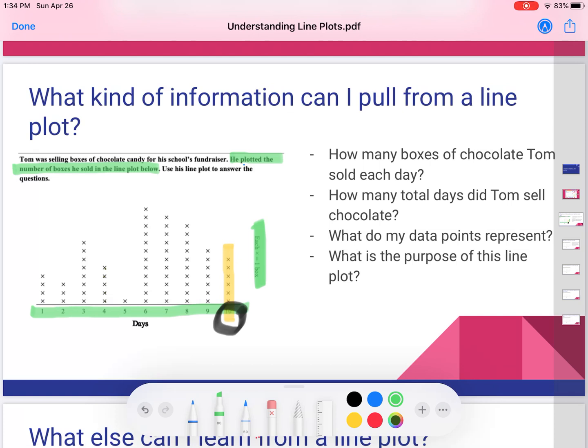Now, there is one more simple question, and that is, what is the purpose of this line plot? By looking at the description, the key, the labels, and our data points, could you figure out what the purpose of this line plot is? Do that now. I'll give you a few seconds to think about it.